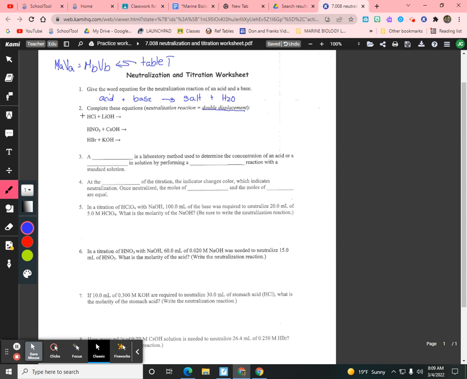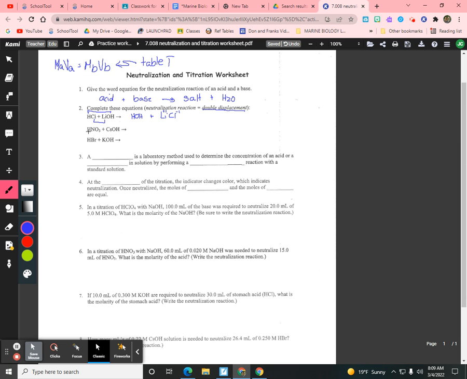So question number 2 says, complete these equations. If it's a double replacement reaction, remember we're going to take the outers with the outers. In this case, we're going to have H going with OH. That's going to be my water. And my salt is going to be my Li and my Cl. Don't forget to put your charges in, cross them down.